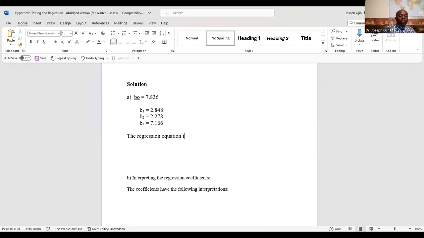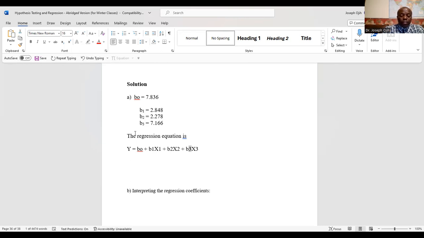The general form is y equals B0 plus B1 X1 plus B2 X2 plus B3 X3, where X3 is the third independent variable.